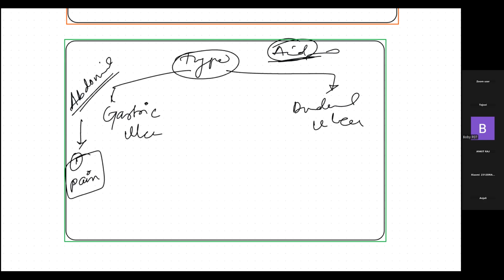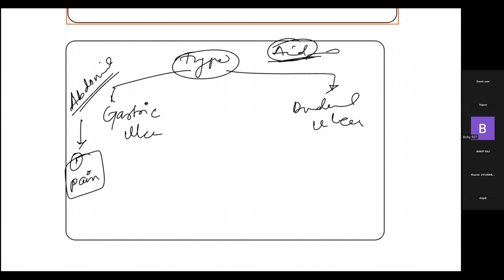Maybe because when food enters, the acid secretion increases, the stomach sends the signal, oh gastrin, come on, secrete the HCl. So when the HCl increases, it definitely causes pain, because there is already an ulcer and it is aggravating it. So where will the HCl secretion be more? Definitely in the gastric ulcer.